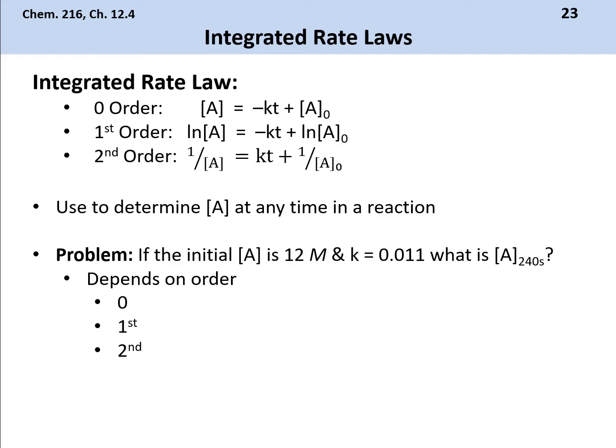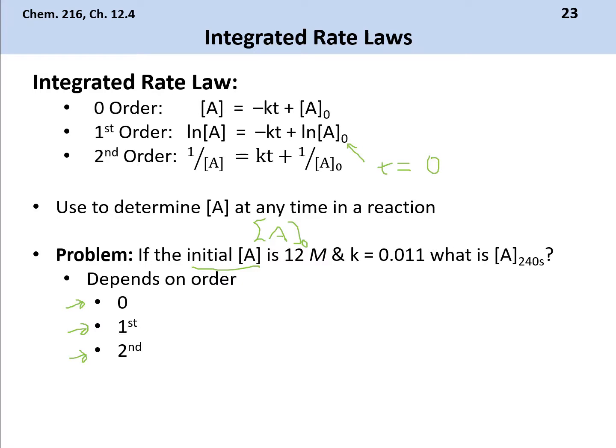We're going to do this for zero, first, and second order. Being told that my initial A, this is A naught, is 12 molar. Remember, this 0 just means at time equals 0.